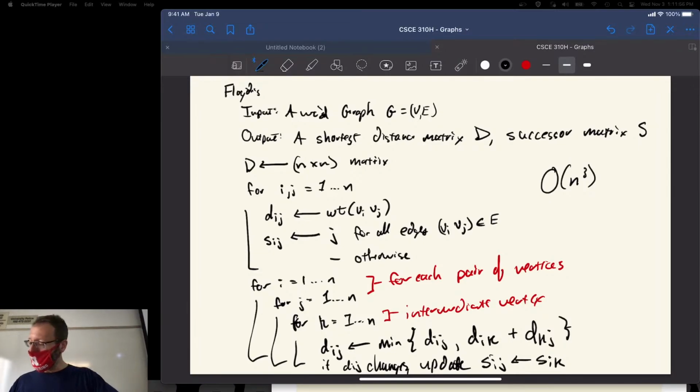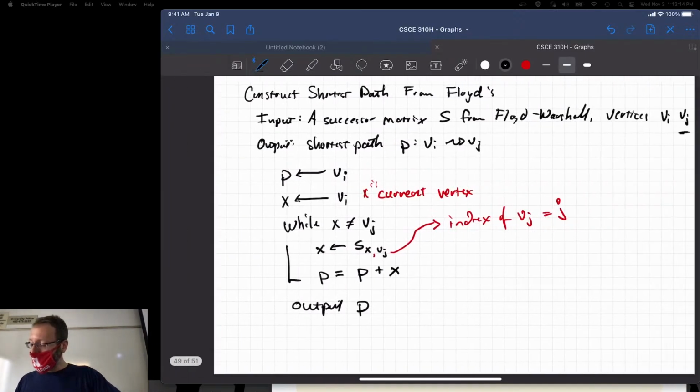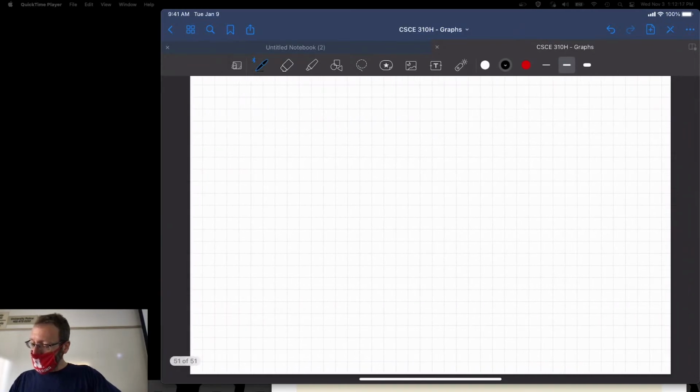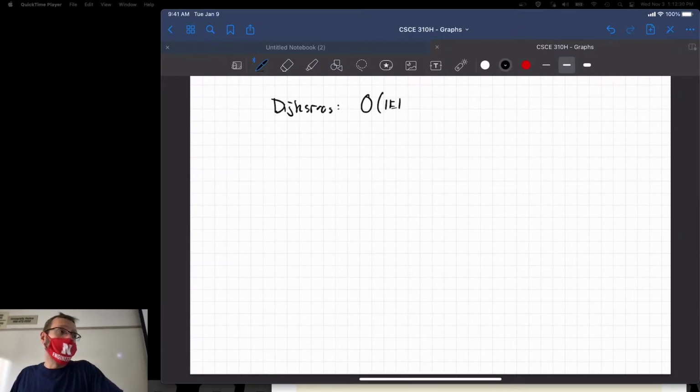Building a path is going to be linear, and since you have to do it for all pairs, it's going to end up being n squared, n cubed. So these two are equal. So at most it's going to be n cubed. But now Dijkstra's. Dijkstra's is order E if you use an optimal heap, or you can get it down a little bit further if you use a binary heap, but that's going way too far in my opinion.